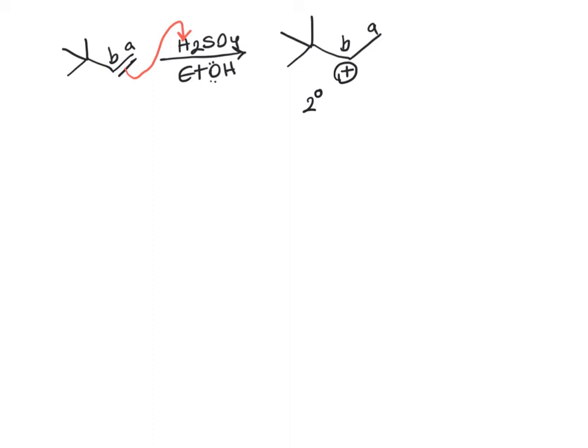A methyl shift will make the secondary carbocation a tertiary carbocation, which is more stable.